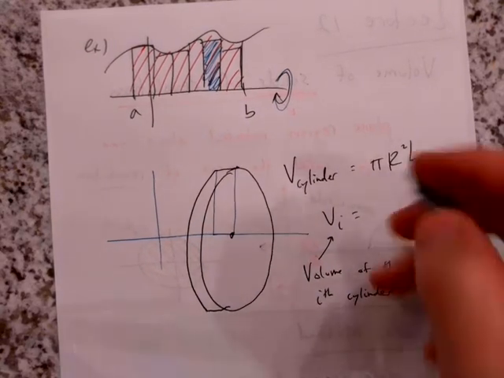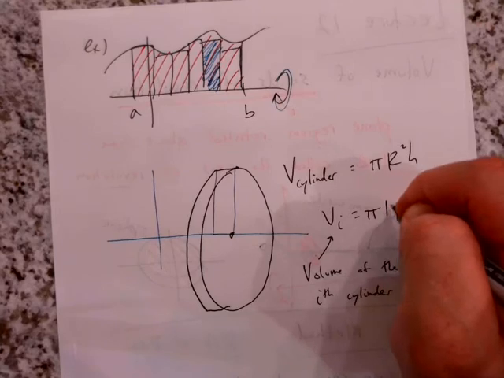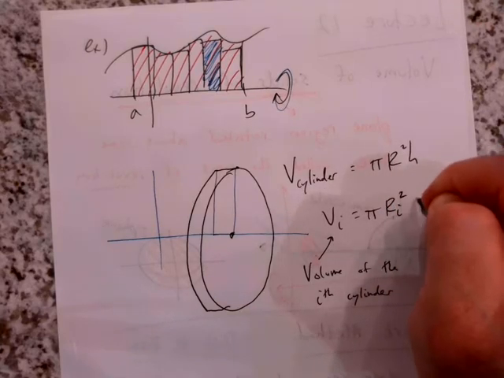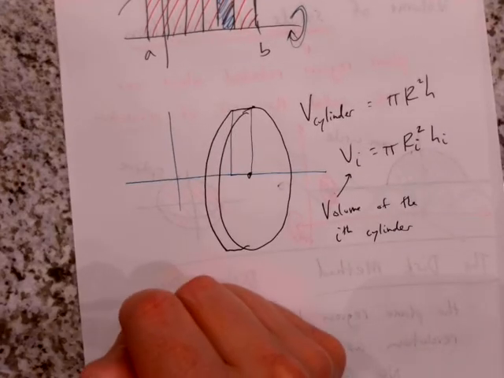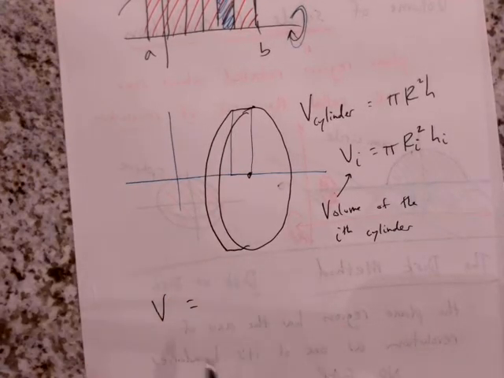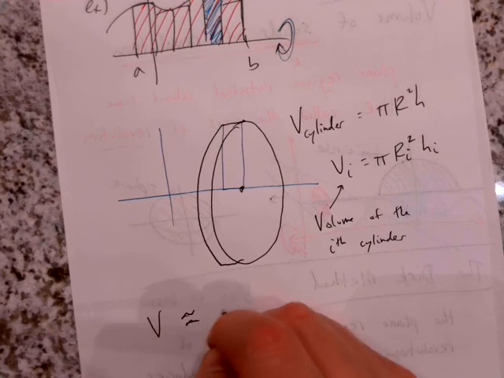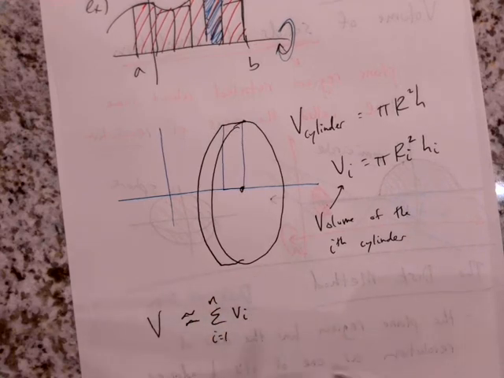And the volume of the ith cylinder is pi times the ith radius squared times the ith height. And then the overall volume, the volume of our shape, is approximately the sum of all these cylinders.